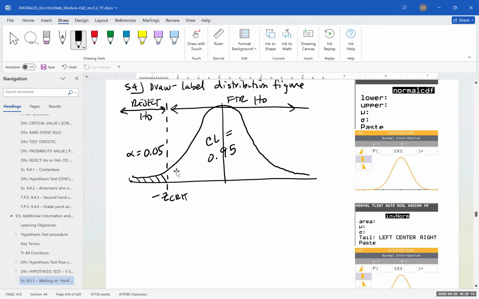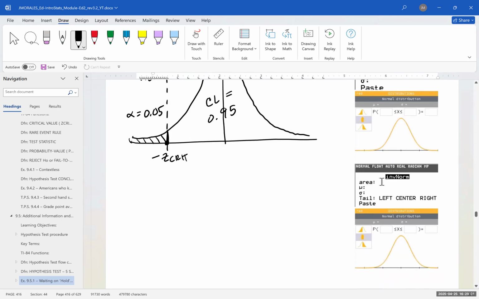All right, so to calculate this critical value, we need to convert an area into the value that is adjacent to it, that defines it. So for that, we're going to use inverse norm. So we're going to have an area of 0.05, the mean of 0, standard deviation of 1, with an area on the left.